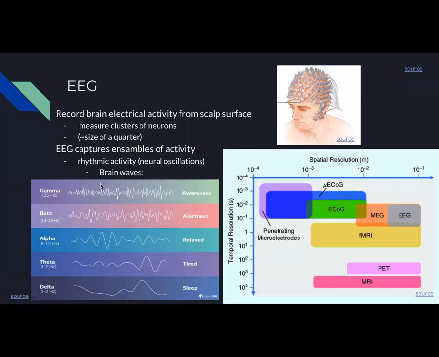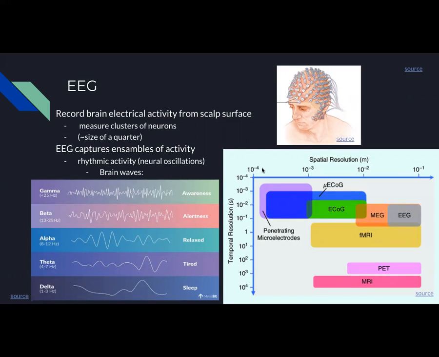And EEG, again, is recorded from the scalp. We can measure clusters of neurons, not specific individual neurons, but an area that's about the size of a quarter per electrode.